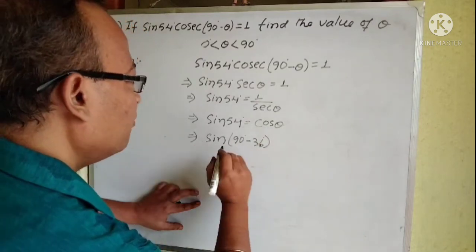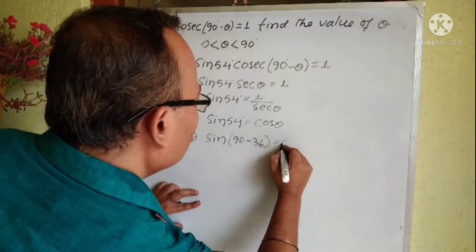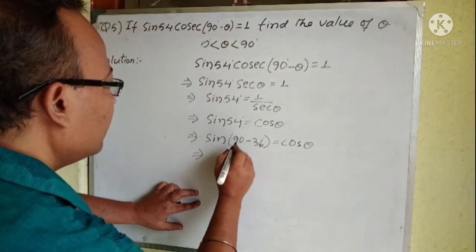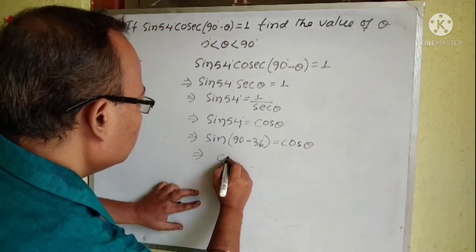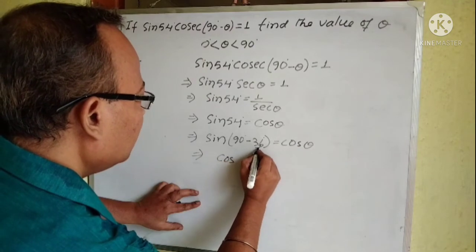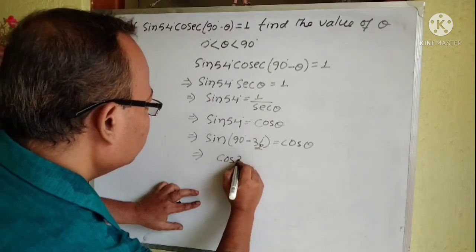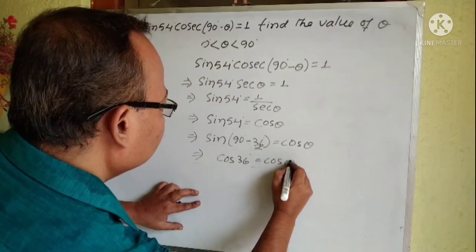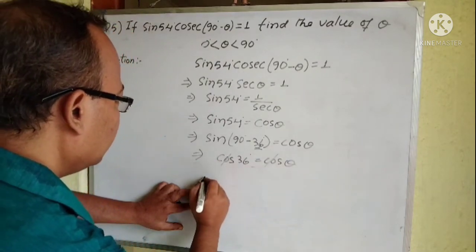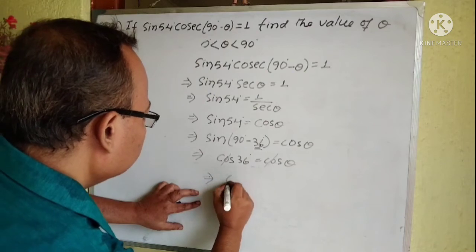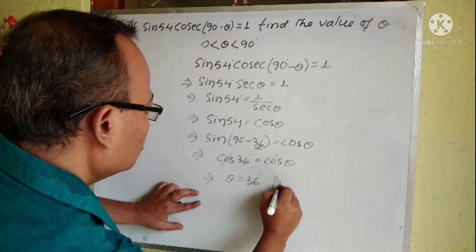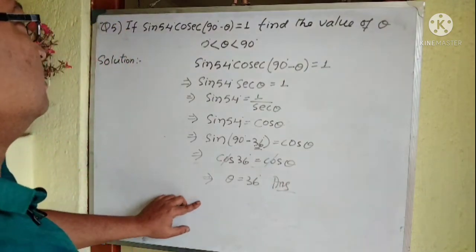So sine 90 minus 36 is equal to cos theta. So sine 90 minus theta is how much? Cos theta. So cos theta, what is theta over here? It is 36. So cos gets cancelled. So your theta is equal to 36 degree. So this is your answer.